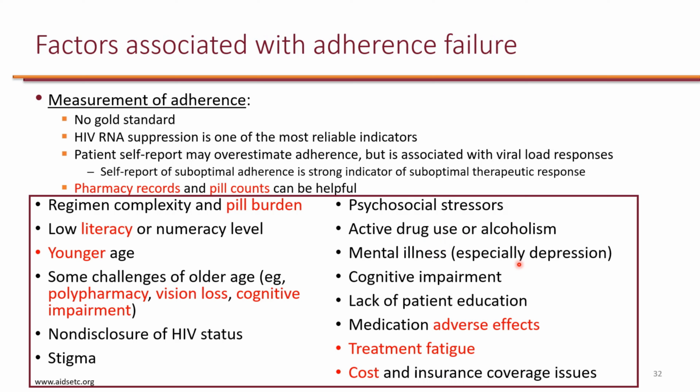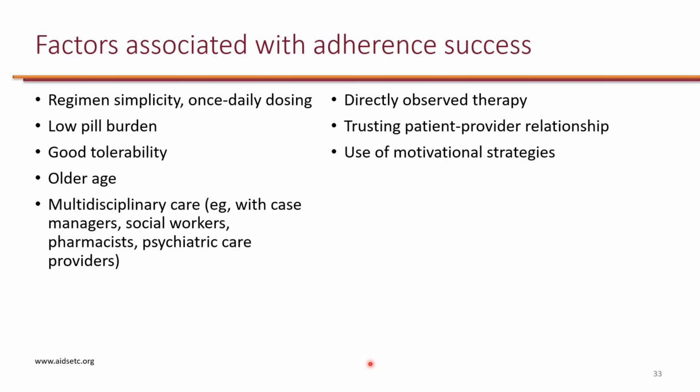Mental illness, of course, can lead to reduced adherence, and of course, medication adverse effects. If somebody's experiencing this, they're less likely to want to continue to take it, especially if this is a lifetime commitment, which can result in treatment fatigue, because they have to keep taking this pill every day for the rest of their life. And occasionally, cost and access to the medication can be an issue.